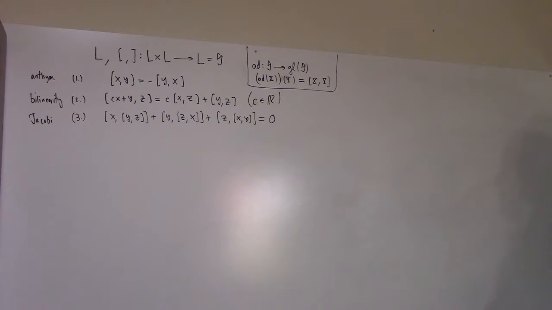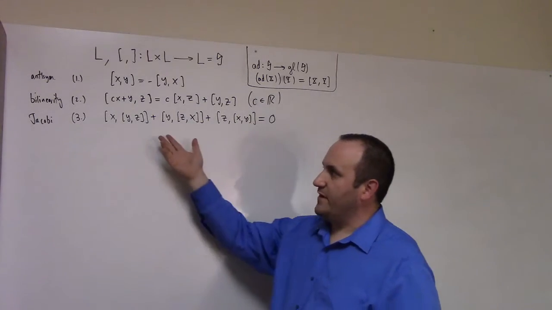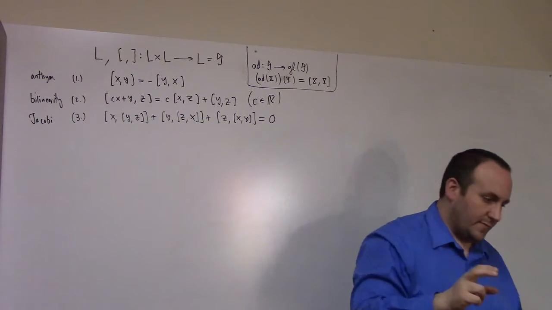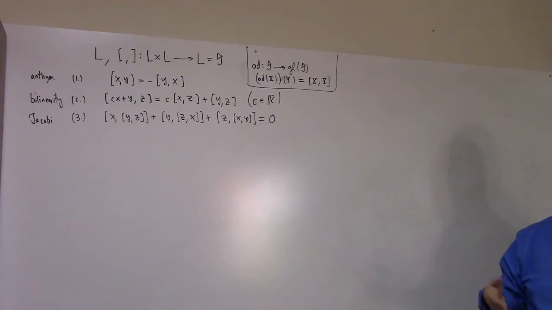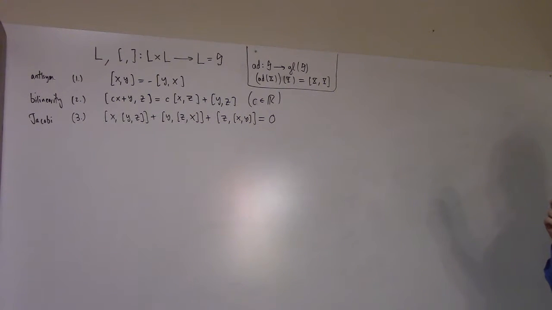All right, so some fun facts that I remember from my course on Lie algebras. Suppose you have a vector space and you want to define a bracket on it. You can uniquely define a bracket by specifying how the bracket works for every basis element.